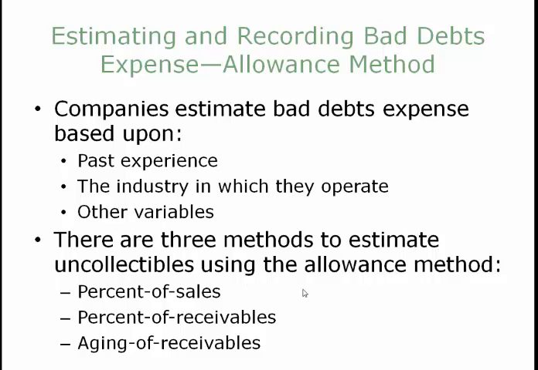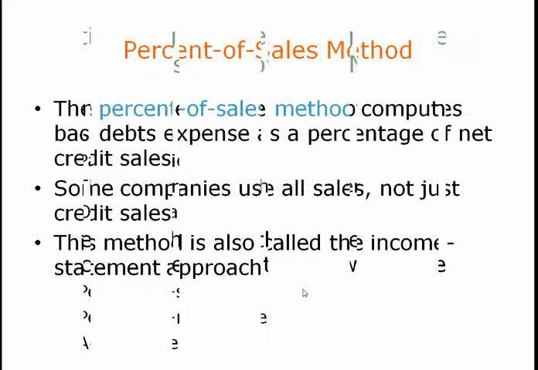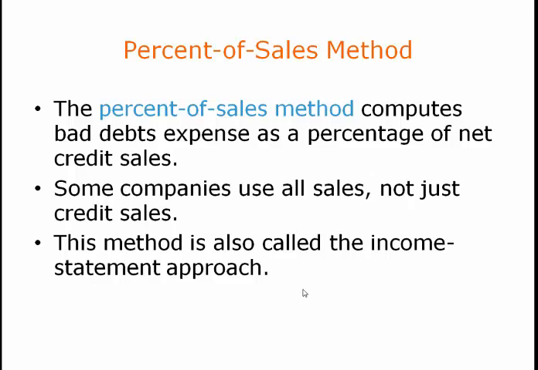Each one of these has a different calculation, and there's a purpose for each one. The percentage of sales is a straightforward calculation. You take the sales and multiply it times whatever percent you determine is going to be your bad debt, and you get a number, and you debit bad debt expense and credit your allowance for bad debts.